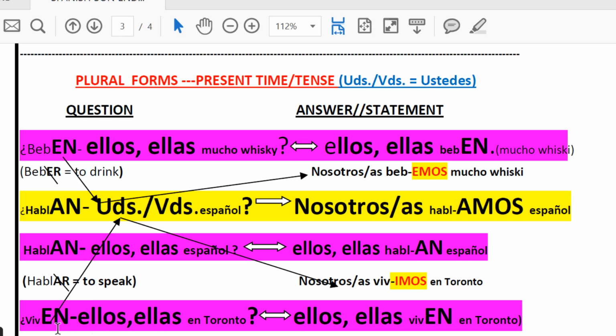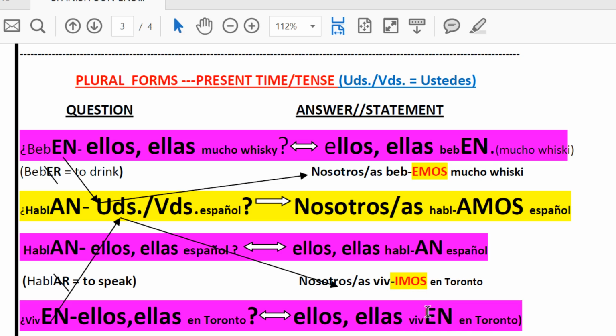Similarly, since the ustedes form is also used for ellos and ellas, for do they, females, live in Toronto, viven ellas en Toronto? And you get the reply, ellas viven en Toronto.